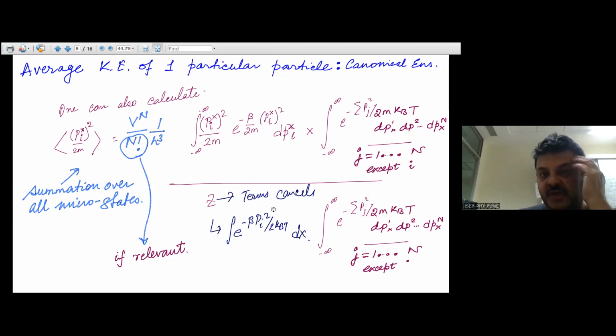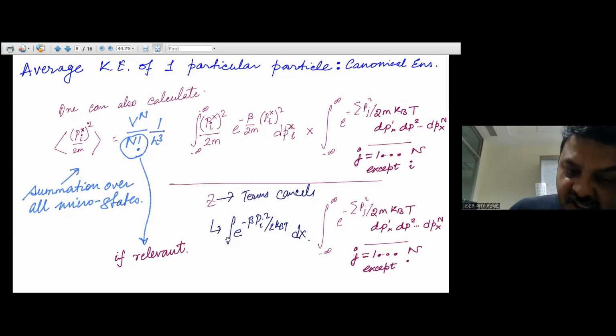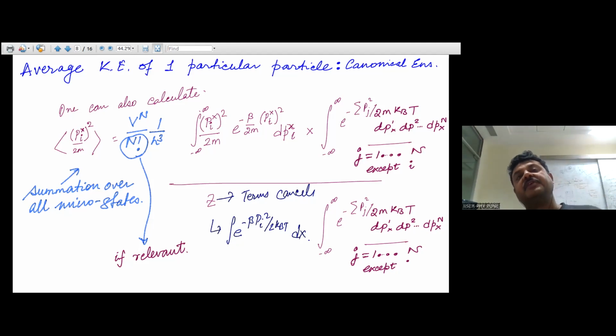Pix square is what you don't have, because in general the partition function is e to the power minus beta h, where each of the variables can take all the possible values allowed, right? So px goes from minus infinity to plus infinity, and x goes from 0 to lx, y goes from 0 to ly, z goes from 0 to lz, where lx, ly, lz are the dimensions of the box, the boundary condition.